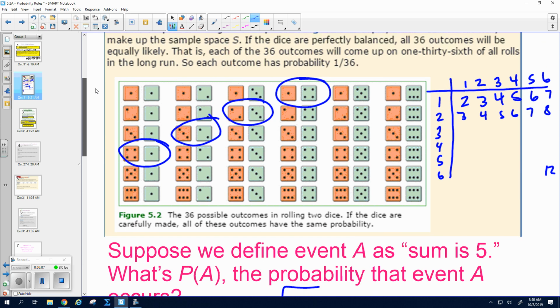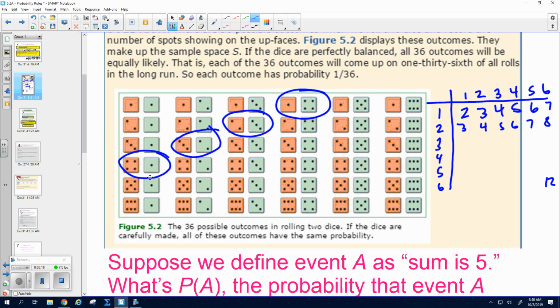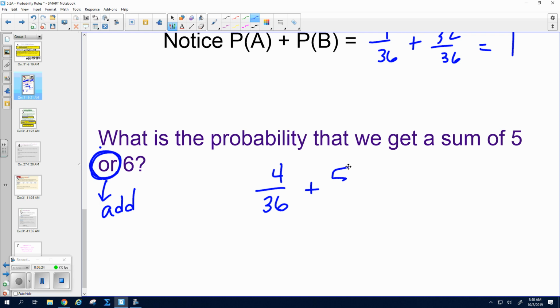We just said that was 4 out of 36. Plus, what's the probability of getting a 6? 1, 2, 3, 4, 5 out of 36. Which gives us 9 out of 36.